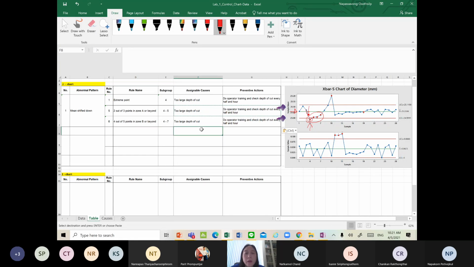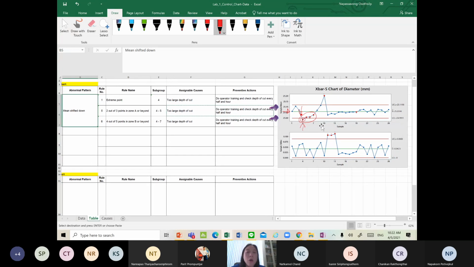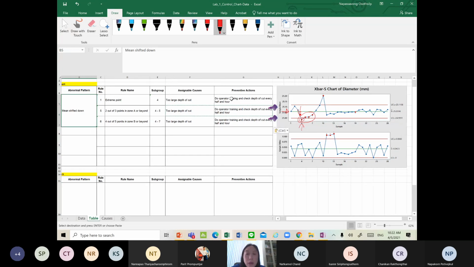Then we will make corrective or preventive actions to make sure this abnormal pattern will have less chance to appear in the future, because now we will do better training and check the depth of cut frequently to make sure it is still in the right position.